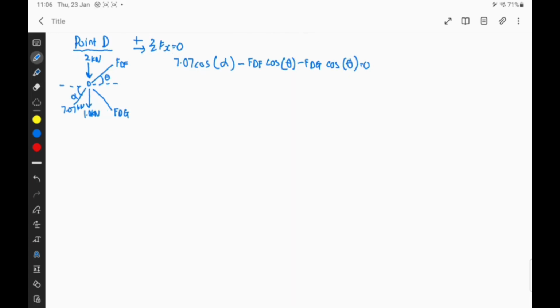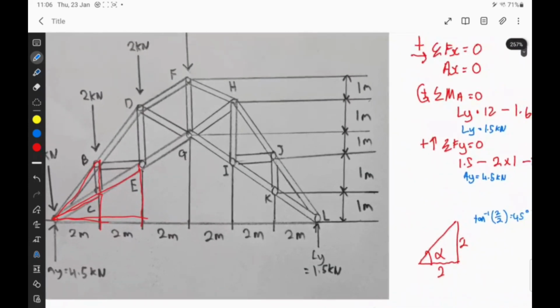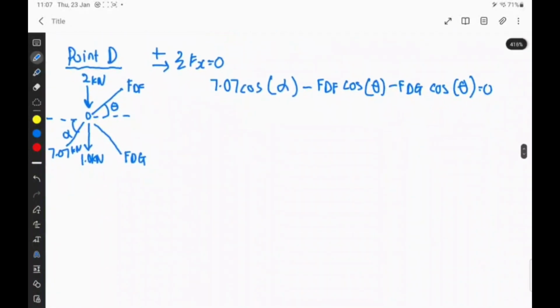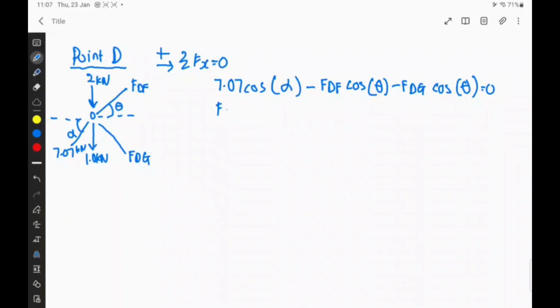At point D, we must find FDF and FDG. FDF and FDG is the same value. So FDF plus FDG equal to 5.59.